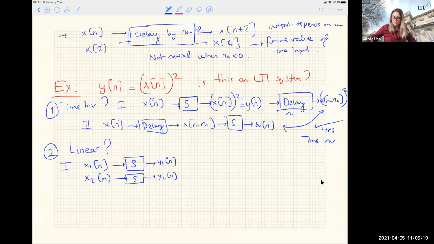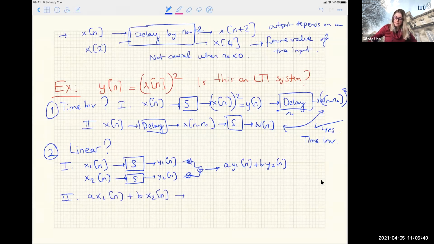Now scale and sum these up. So I have a y1[n] plus b y2[n]. But if I were to start with an actually scaled and summed-up signal at the input, okay, so these were, by the way, x1 squared, right, guys?